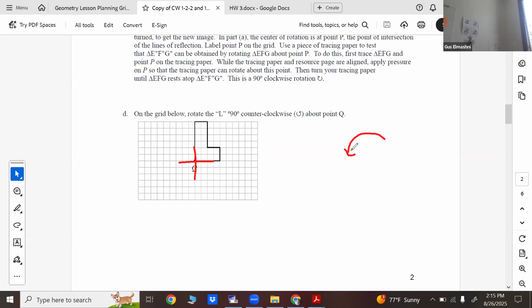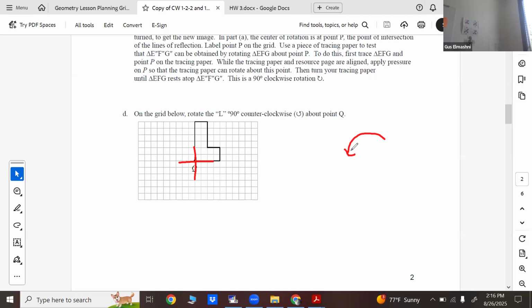Good, yes. Point Q, what is that? That's just the intersection of these two reflecting lines. Okay. And this is only supposed to match this one, not that. Yeah, exactly, if you rotate it correctly. Okay. But that's good.